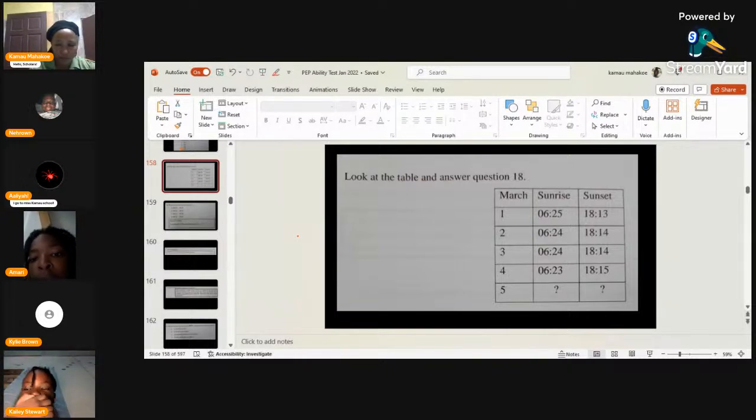And on March 4th, sunrise is 6:23 and it sets at 6:15. And days 2 and 3 are also the same. All right. So is it the same for 2 days? But generally speaking, is it rising earlier or later?